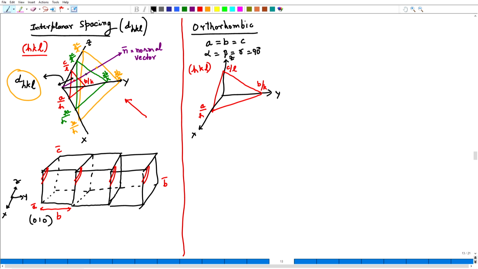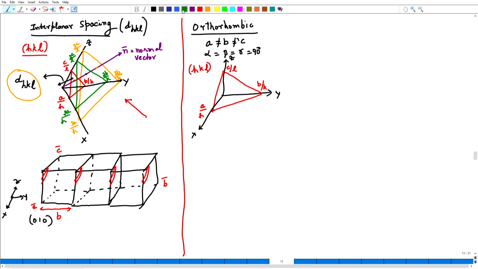Let me make a slight correction: since this is an orthorhombic system, a need not be equal to b, need not be equal to c. So, in the general case when they are unequal, we are going to derive a relationship for the interplanar spacing.